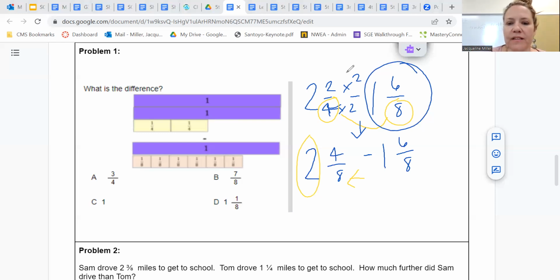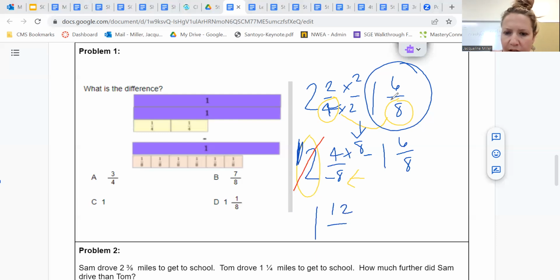We're going to turn this into a 1, and we're going to add 8 to here. So the way that we will write this new problem is 1 and 12/8, and we will take away 1 and 6/8.